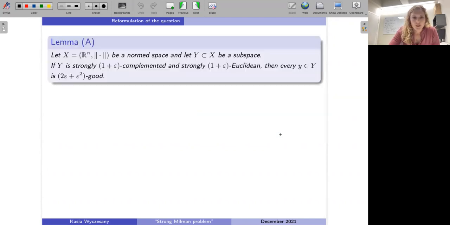Okay, so let me prove something here. I'll show you this equivalence because it's quite nice, and I want everybody to start feeling a little bit more what those epsilon good points are.